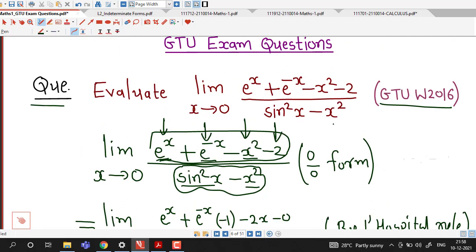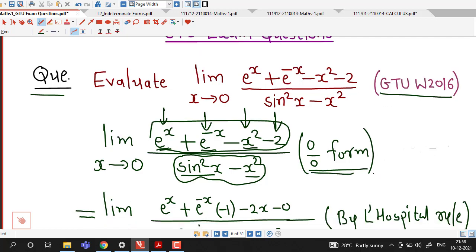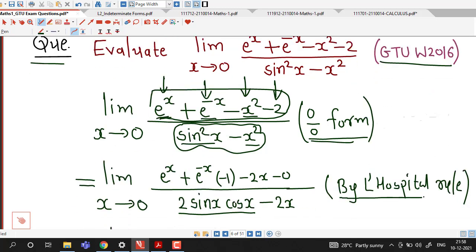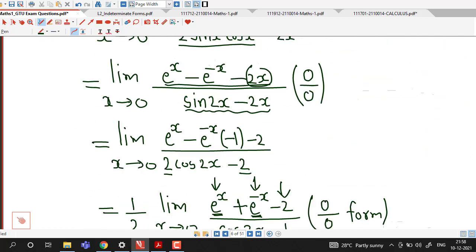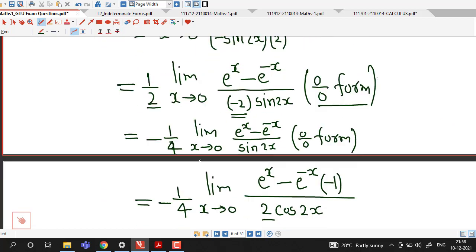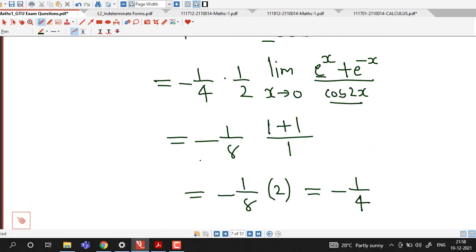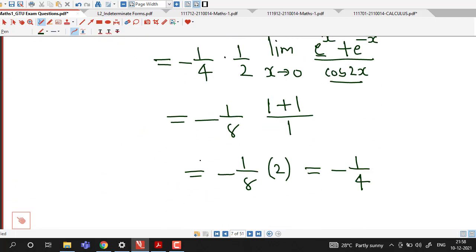You just have to remember L'Hospital rule, that if we have 0 by 0 form or infinity by infinity form, we have to apply L'Hospital rule. That is, we have to differentiate numerator and denominator separately, and we will repeat this process until we get a finite real number as the answer of the limit.